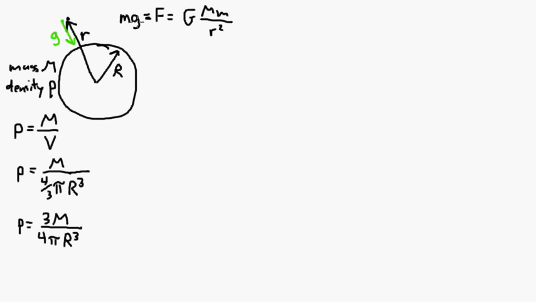So what we get from that quite easily is that little g equals big G times big M over r squared, for little r that's on the surface of the planet or above. So that means that little r has to be at least big R, so greater than or equal to big R. All right, easy enough.